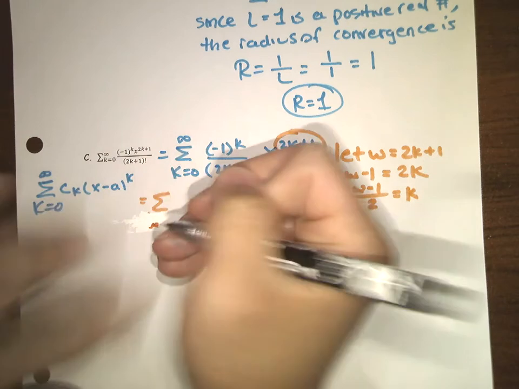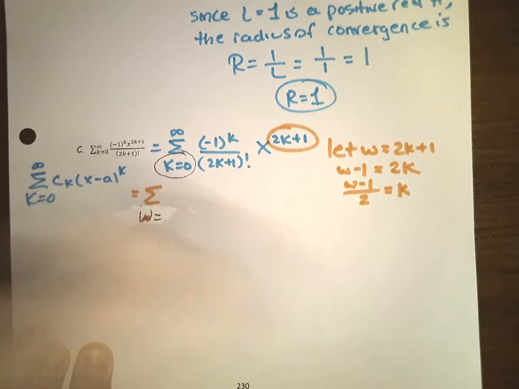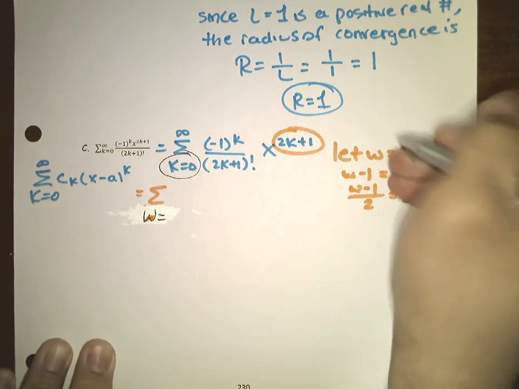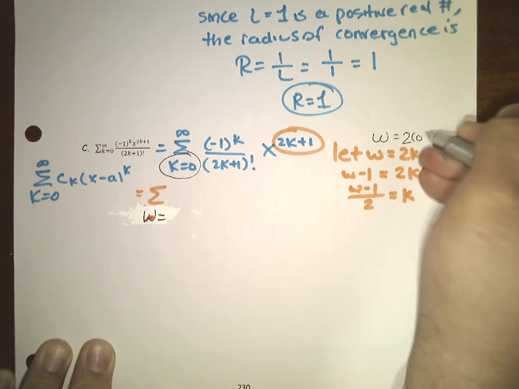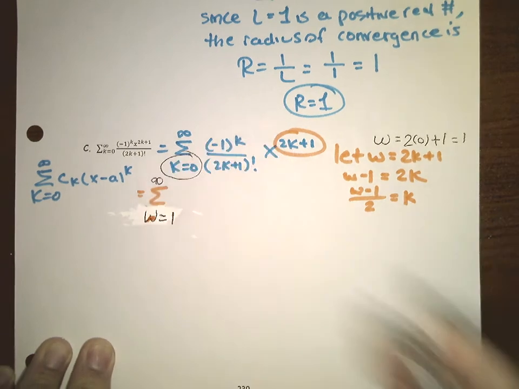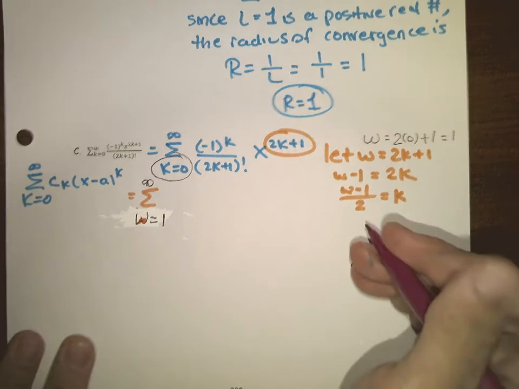All right. So w is equal to, now remember, when k was 0, then what actually happens is that w is equal to 2 times 0 plus 1. So it's actually starting at 1 now and going to infinity. So just remember, this is from 1 to infinity now and not from 0 to infinity. All right, now k was w minus 1 over 2.